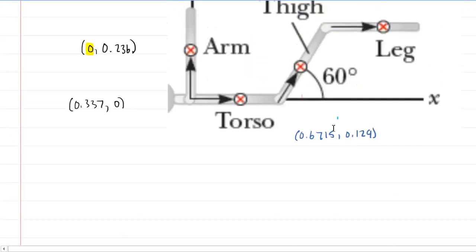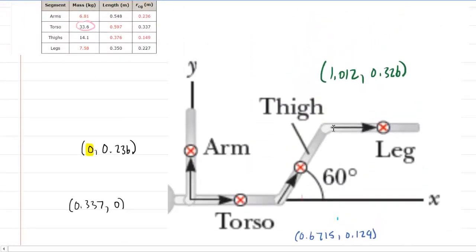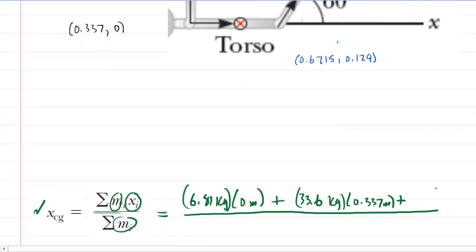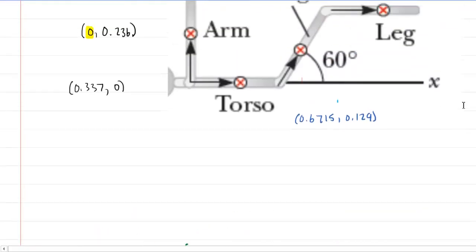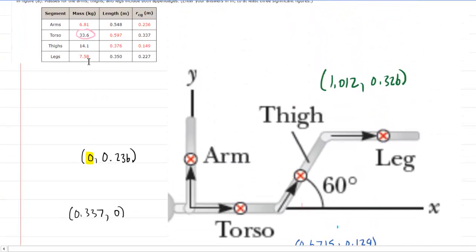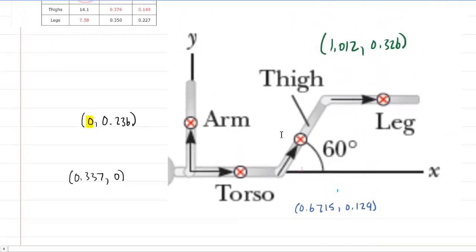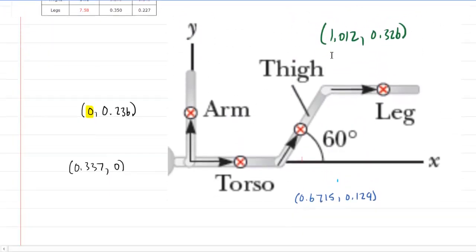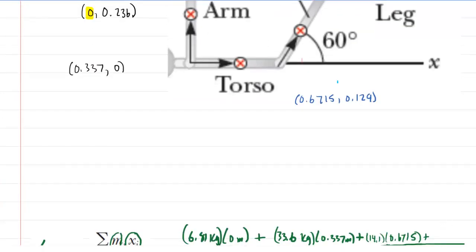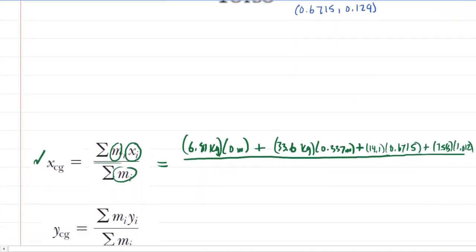We can move on next to the thigh, whose mass is 14.1 kilograms times the x-coordinate, 0.6715. And then finally, the legs, which have a mass of 7.58 and an x-coordinate of 1.012. So 7.58 times 1.012.